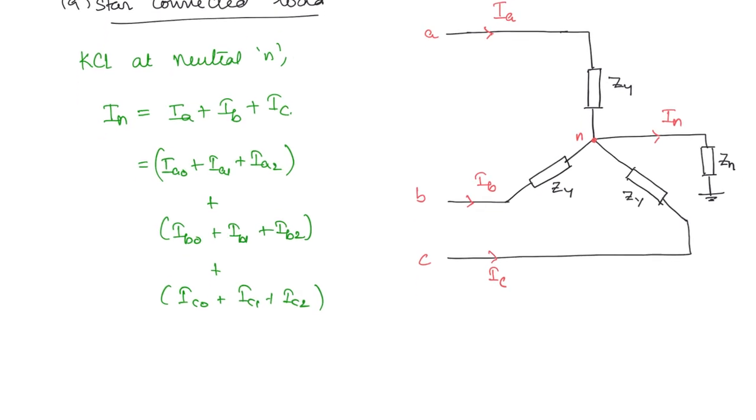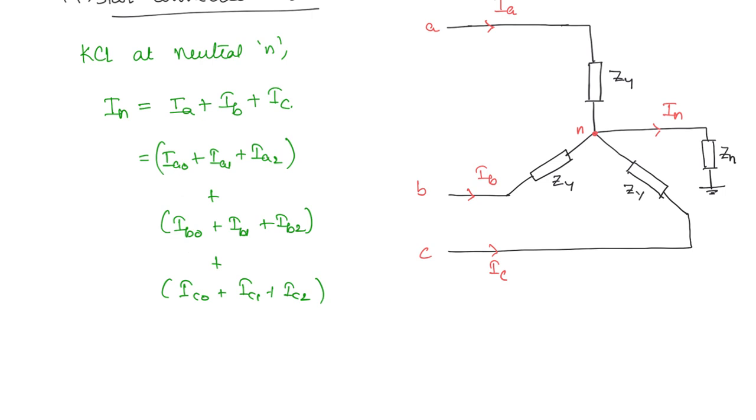Now, IA0, IB0 and IC0 are all equal in magnitude as well as in phase. Whereas IA1, IB1, IC1 are equal in magnitude but 120 degrees out of phase. They form a balanced system, so if you add these three, you are going to get 0. Similarly, if you add these three, you are going to get 0. But these three will give you 3 times IA0, anything you can take.